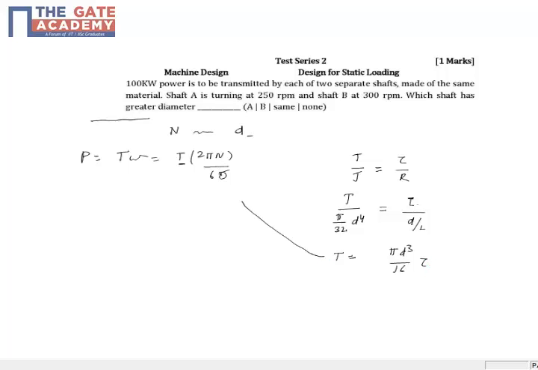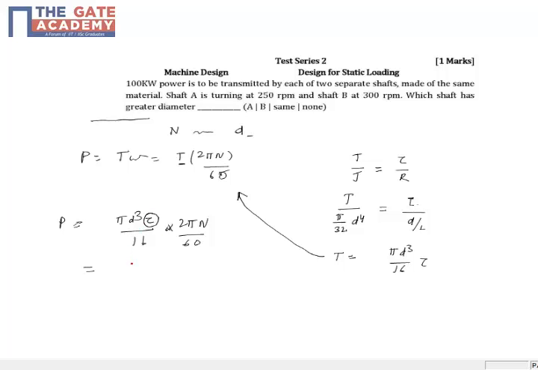Okay, so now if I substitute these two here, P, and torque is pi d cube tau by 16, into 2 pi N by 60. So what I will do is group all the other constants, like the numbers, and tau, which is basically the maximum material limit.